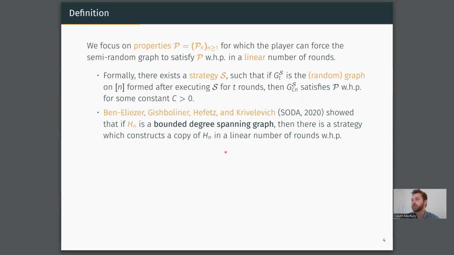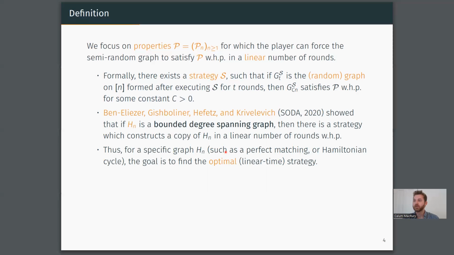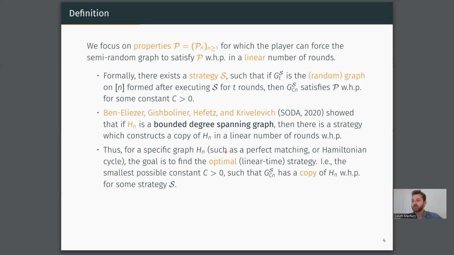In a SODA 2020 paper, it was shown that if you give me an arbitrary bounded degree spanning graph H, then there's a strategy which constructs a copy of H in a linear number of rounds with high probability. Thus, if we fix a specific graph, for instance, a perfect matching or a Hamiltonian cycle, then the goal is to figure out what's the optimal linear time strategy.